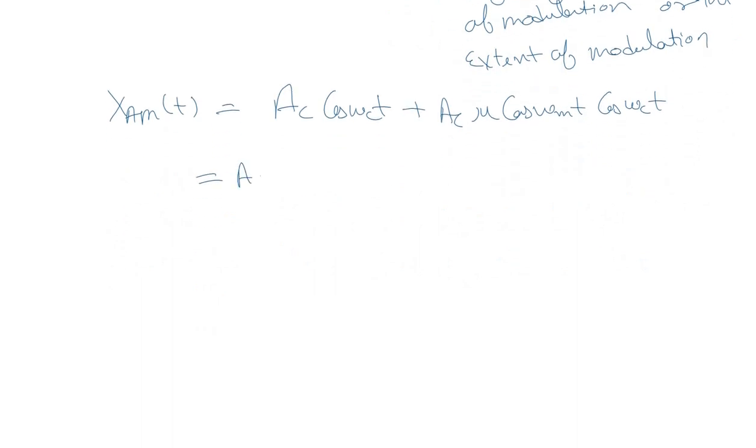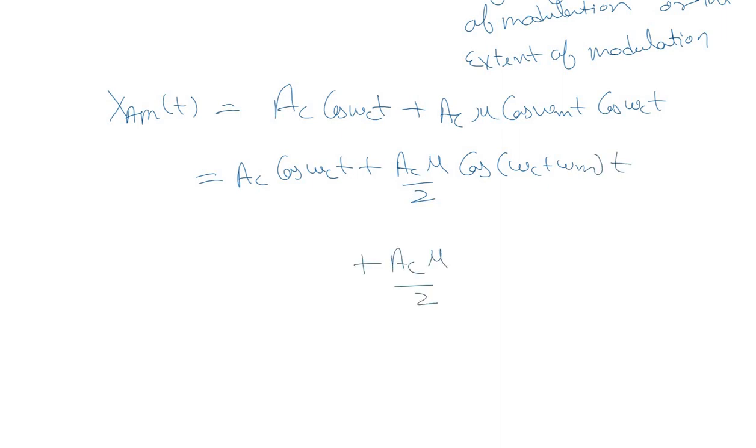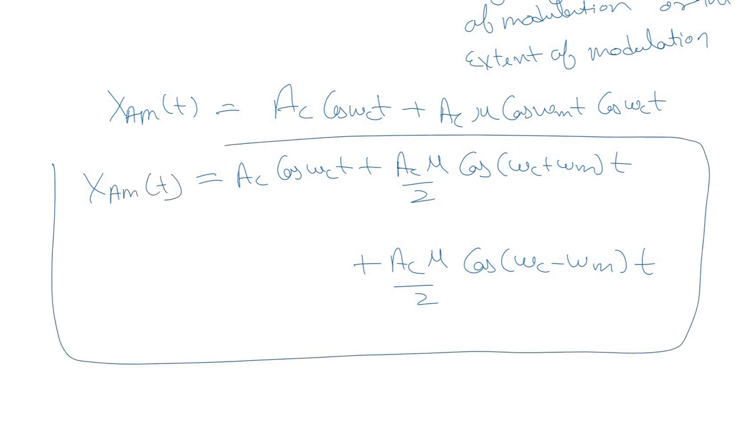We get AC cos omega_c t plus AC mu by 2 cos of (omega_c plus omega_m) t plus AC mu by 2 cos of (omega_c minus omega_m) t. Right, this is your standard expression for the conventional amplitude modulation or double sideband with carrier type of modulated signal.